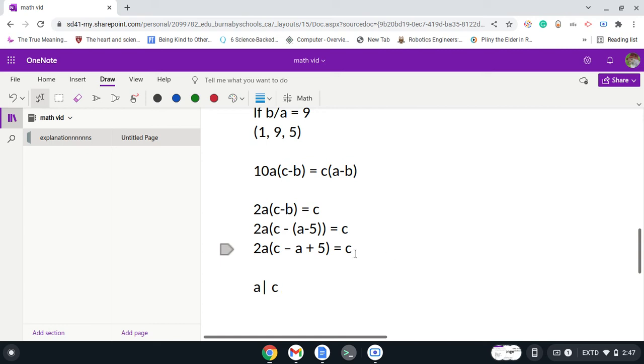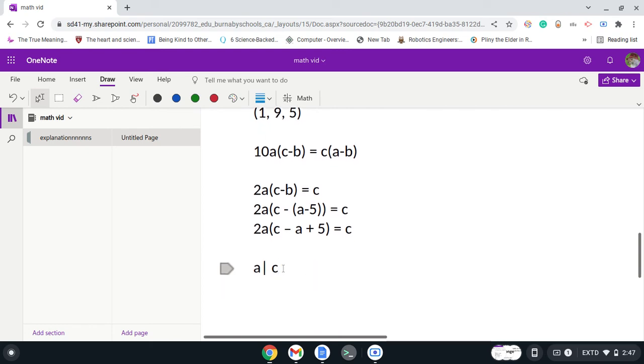So this means that C must be greater than or equal to 10A. But C is a 1-digit non-negative integer, right? But since we said that C must be greater than or equal to 10A, well, that doesn't work because then it'd have to be a positive multiple of 10. So this means that there are no pairs for this case.